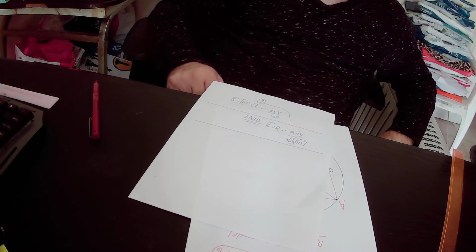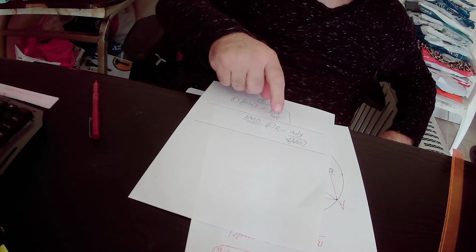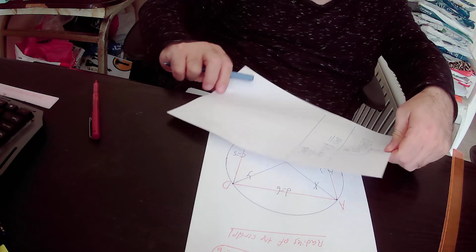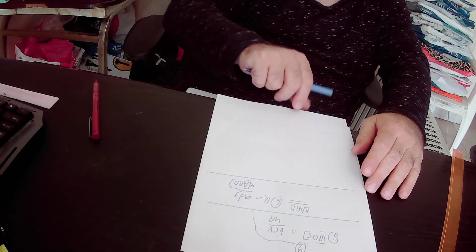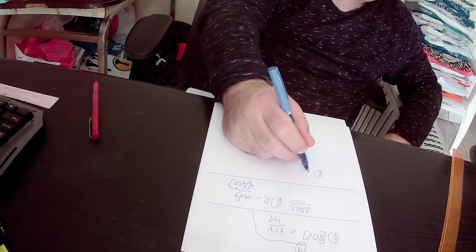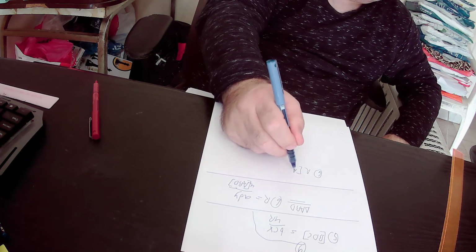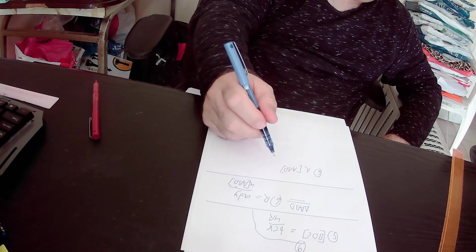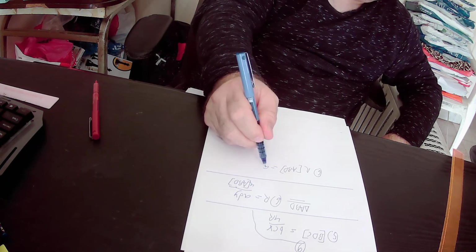We will multiply equation number 6 by the area of triangle ABD, and we will get that R times the area of triangle ABD equals ADY over 4.